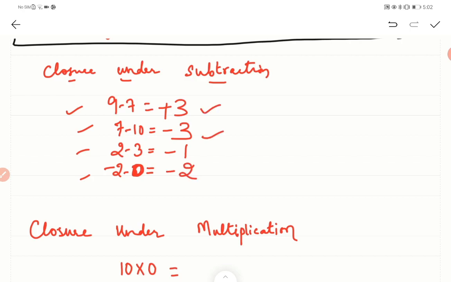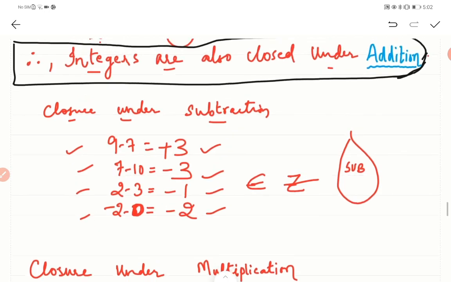So all these outputs belong to the integer set, isn't it? So minus 3, 2, minus 1, minus 2, all these belong to integer set Z. Therefore under subtraction also, your closure property is true.